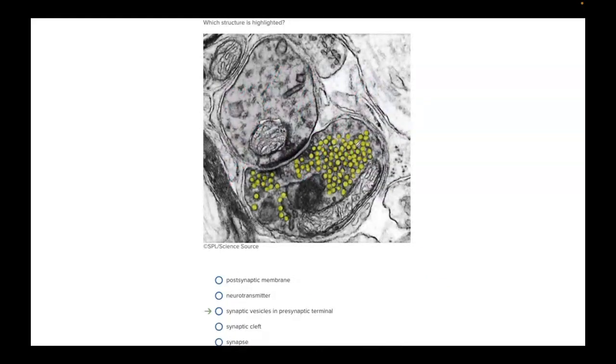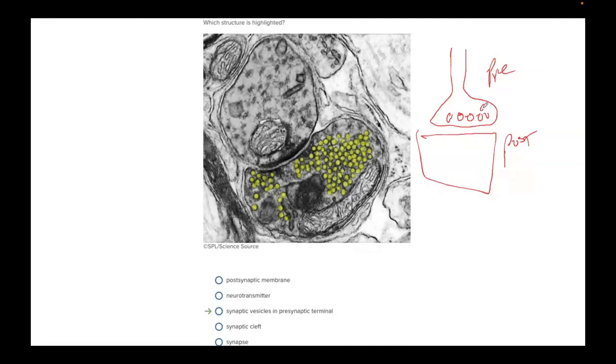Okay, when we look here, here's an interesting concept. So we have these little vesicles. Remember how you had this type of structure like this? And then here's another one. So this is presynaptic. This is postsynaptic. And all in here, you have these little vesicles that store neurotransmitters, and they have to release through exocytosis in the synaptic cleft.